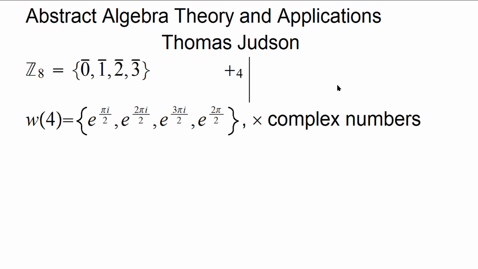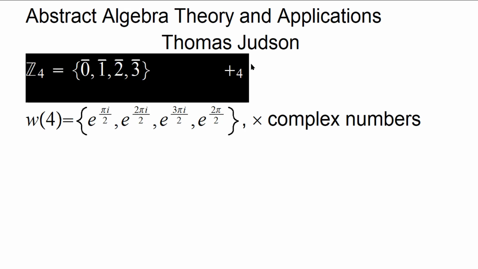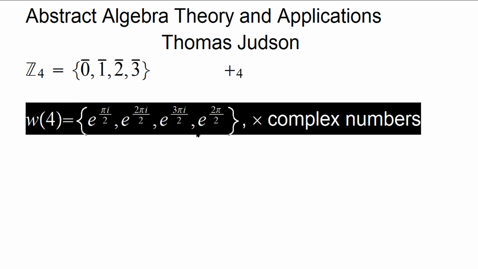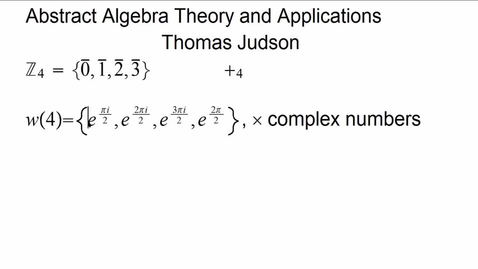A reason to look at that would be that there are several different looking groups that are the same in structure. For example, take the additive group Z4, that is the integers modulo 4, and another group of 4 elements in which the operation is the multiplication of complex numbers, the fourth roots of unity.